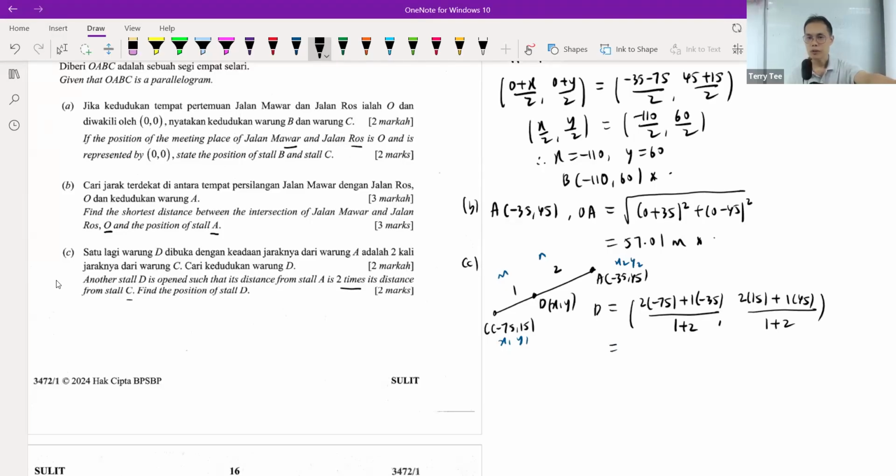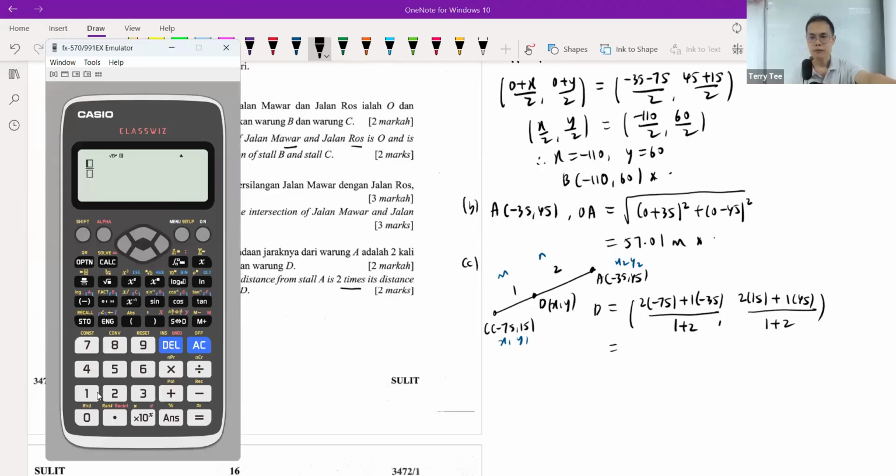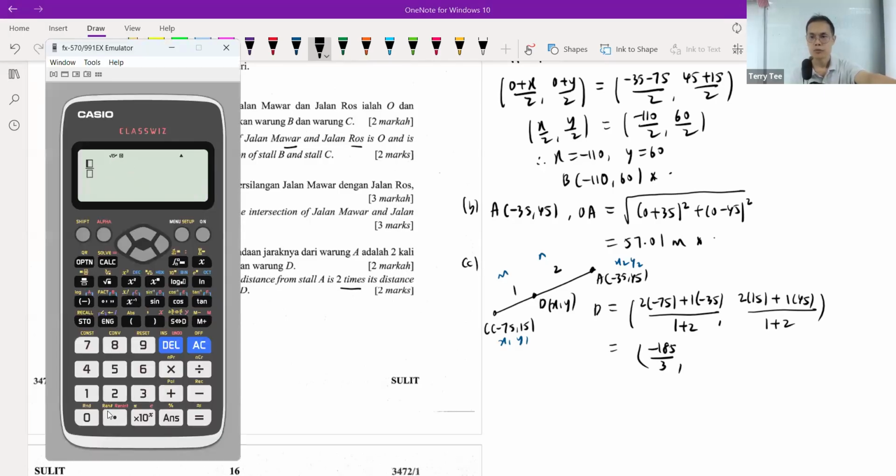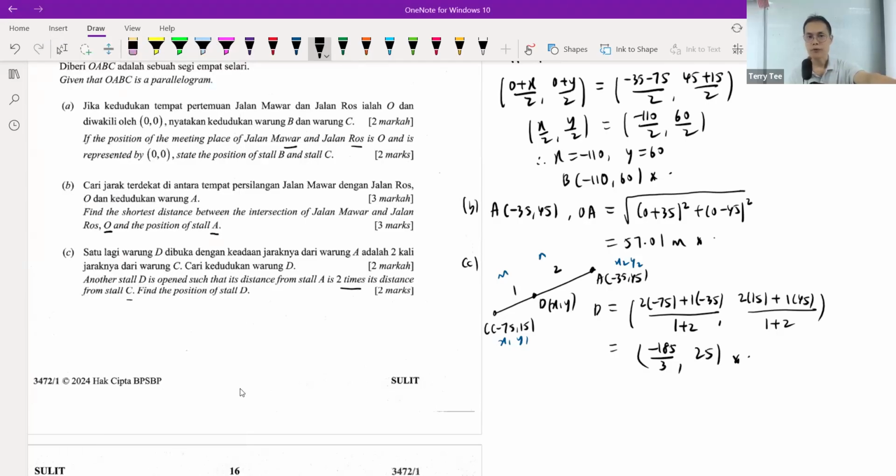Negative 75 times 2 is negative 150, then you minus 35, divide by 3, the answer is negative 185 over 3. The second one is 2 times 15 is 30, plus 45, divided by 3, which is 25. There you go. That is the coordinate of point stall D.